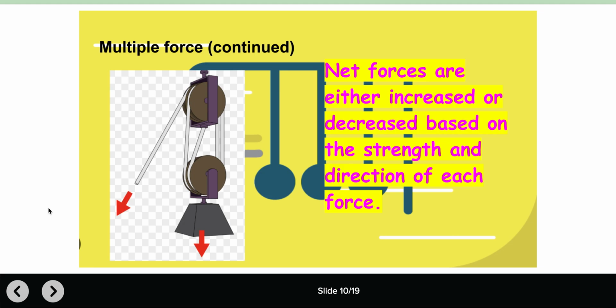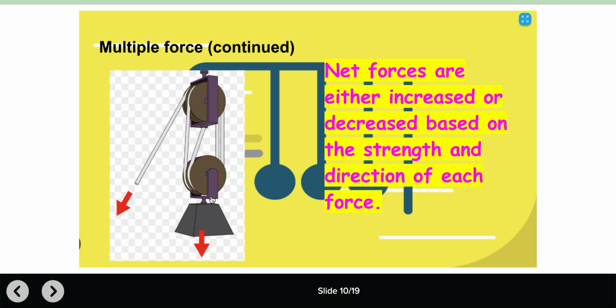So net forces are either increased or decreased based on the strength and direction of the force. So if this weight is getting pushed down, but you're pulling the weight up, we have two forces, right?